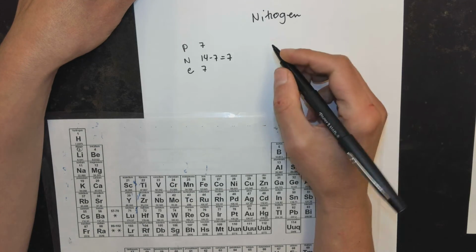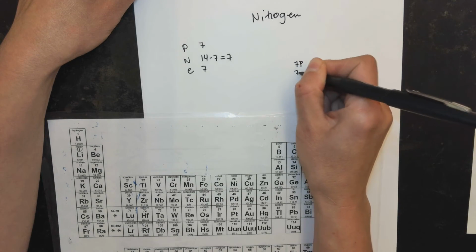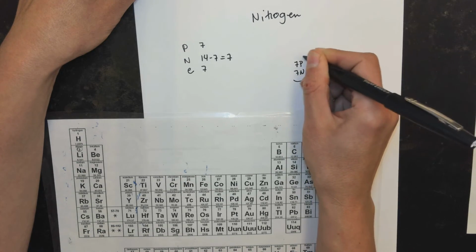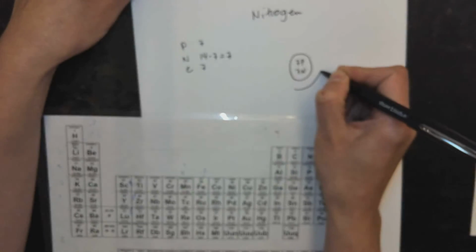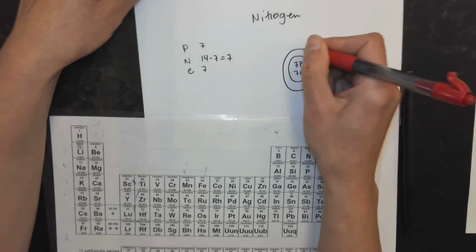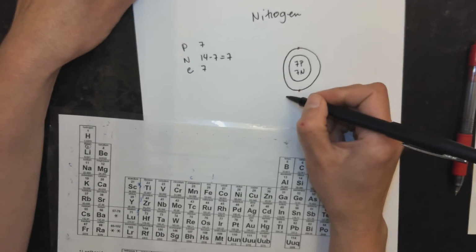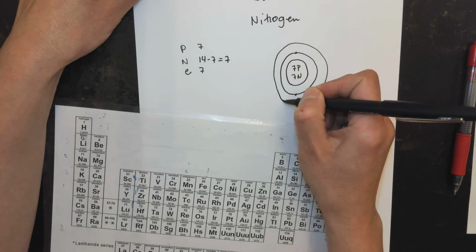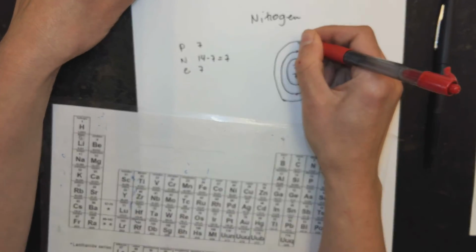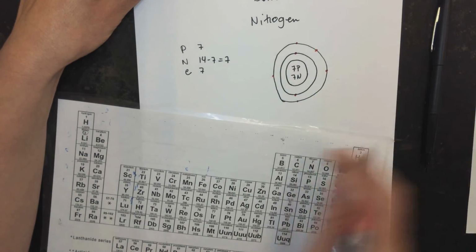Remember that I said the protons and neutrons go in a nucleus, so you'd write 7p, 7n, and then you draw a nucleus. And then electrons, I'll do it in a different color, but the first orbital fits 2 electrons. And then the next orbital can fit up to 8, but we don't need that many, we only need 5. 1, 2, 3, 4, 5.